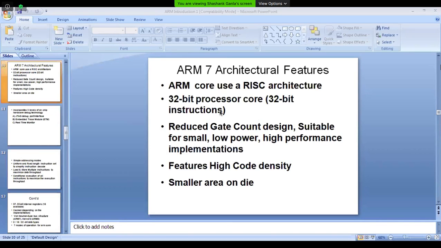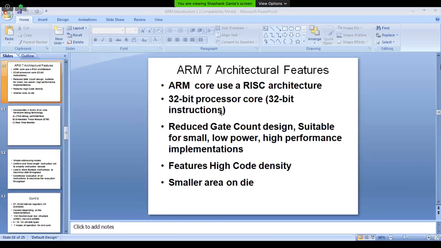If I want memory conservation, meaning the application should not take more memory but a smaller amount, then in that kind of situation, prefer the Thumb instruction set.